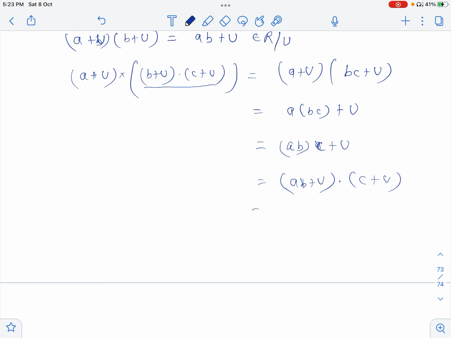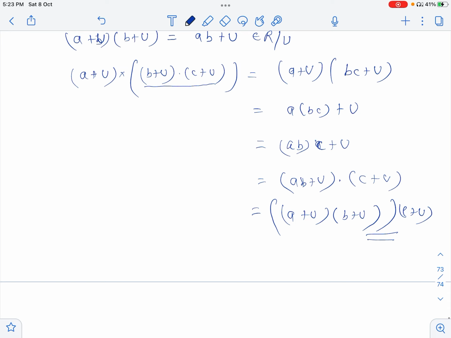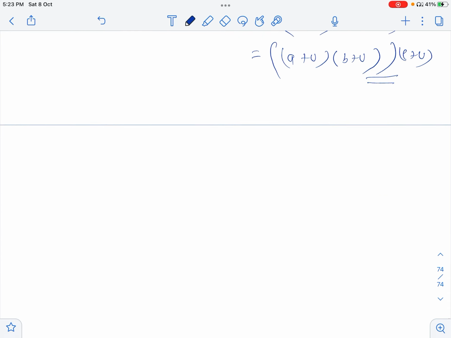This also can be written as ((a plus U) multiplied with (b plus U)) and (c plus U). That means it is associative with respect to multiplication. Let us prove that these two compositions are distributive.